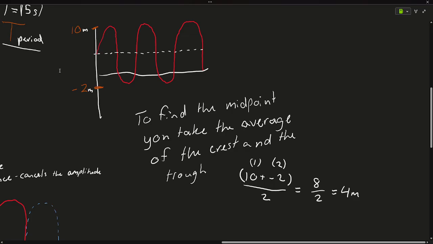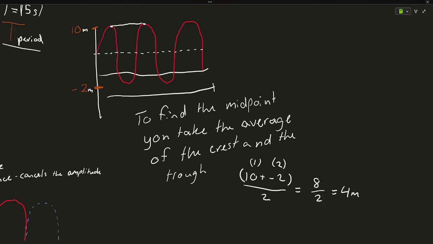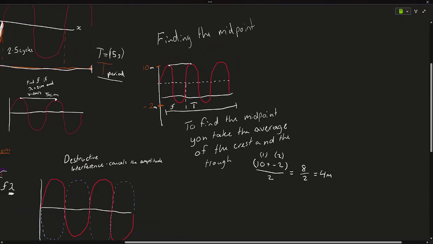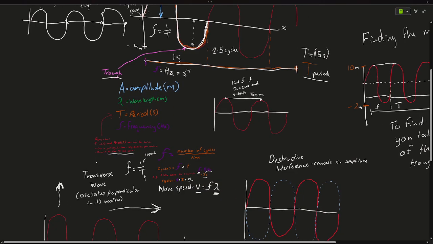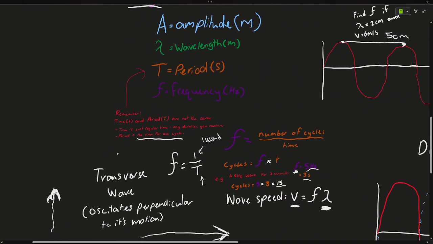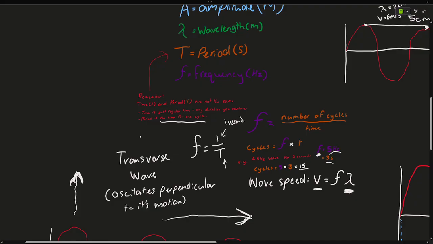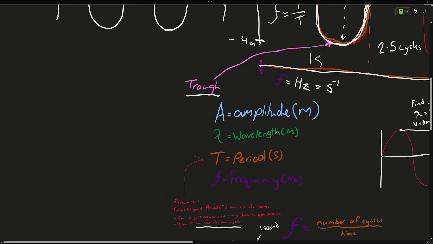And that's when you can start finding the wavelength, the period, the cycles, and the frequency. So let's get into the types of waves. Or we could probably get into wave speeds.